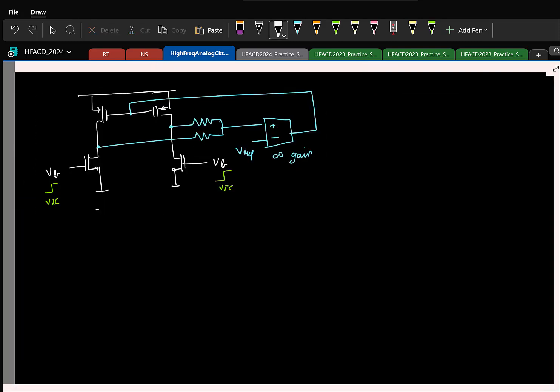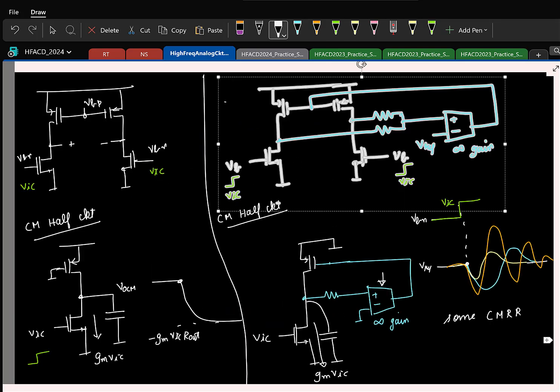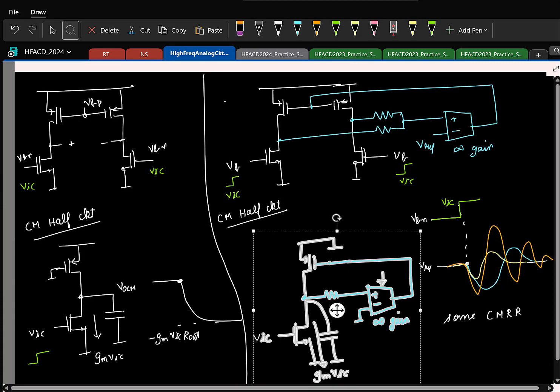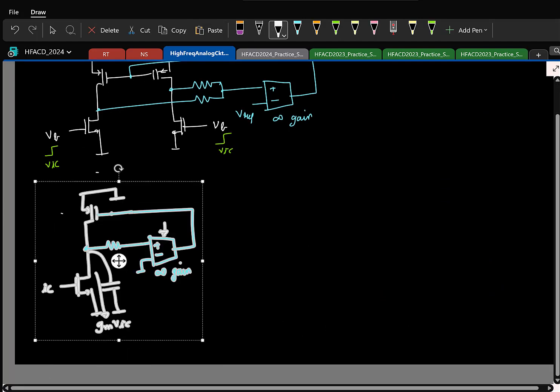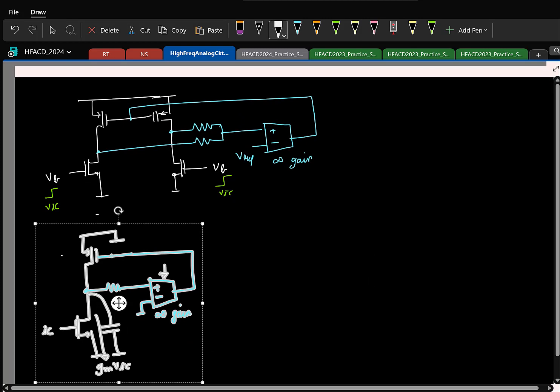So here the common mode half circuit I already have, so let me copy that. So this is the common mode half circuit.